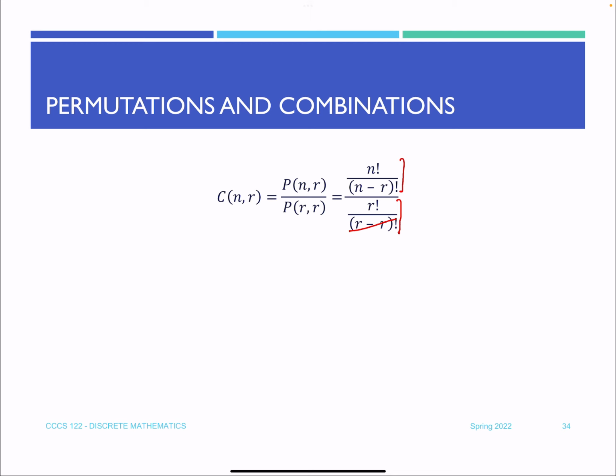And what I'm left with can be simplified quite nicely into this. As you can see, it's basically the permutation formula that we had over here with an additional r factorial term in the denominator. And that's the formula for combination.